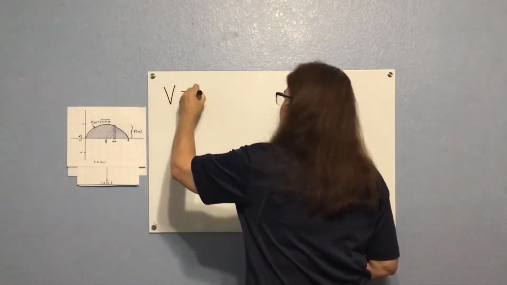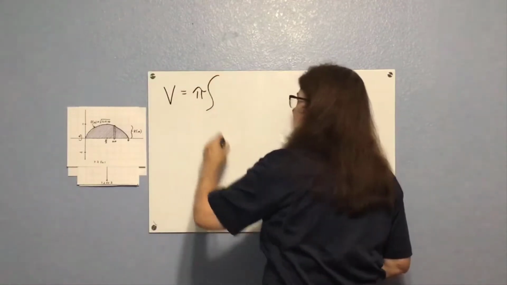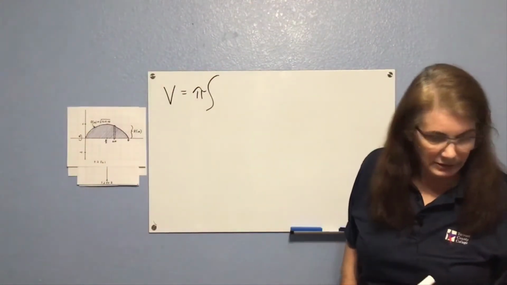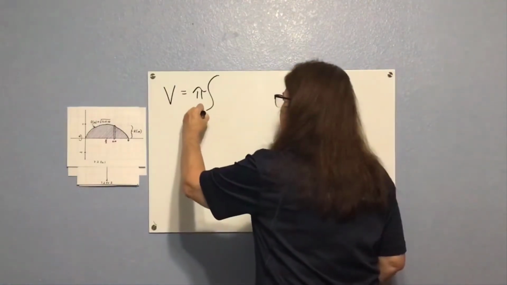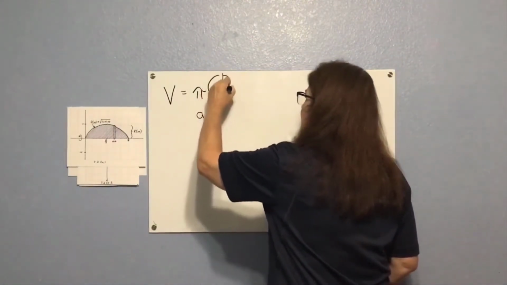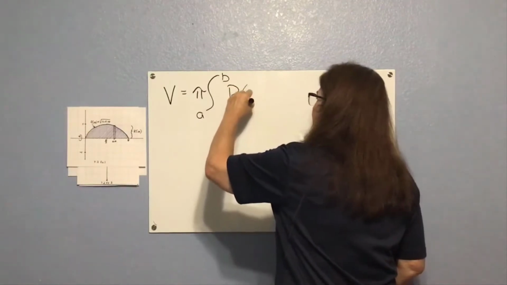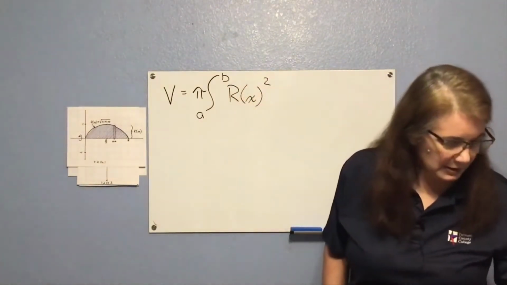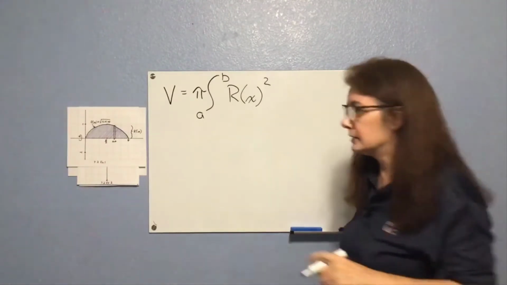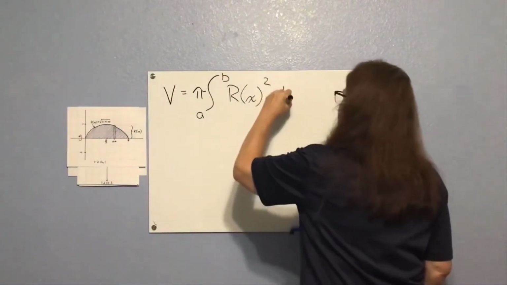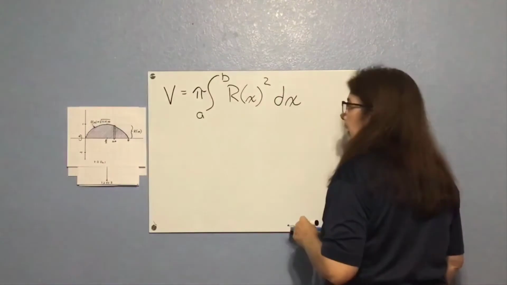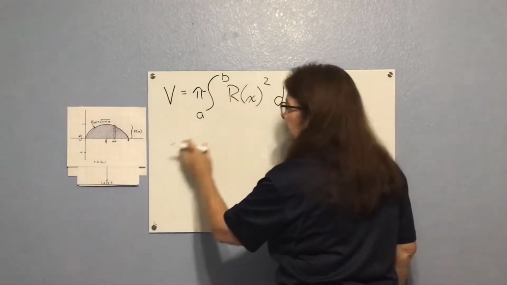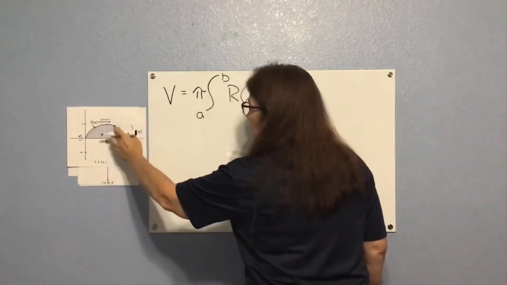equation. Volume is equal to pi times the integral from a to b of r of x squared dx. Looking at our picture, we can see r of x represents the radius here.